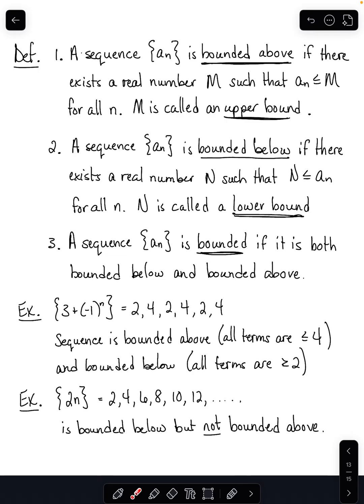Same thing with bounding it from below. We could say it's bounded from below by 0 because all of the terms are bigger than or equal to 0, and that is true. But why would we go smaller than we need to? 2 is the smallest number that would work. 2 is definitely a value that they are bound from below by.